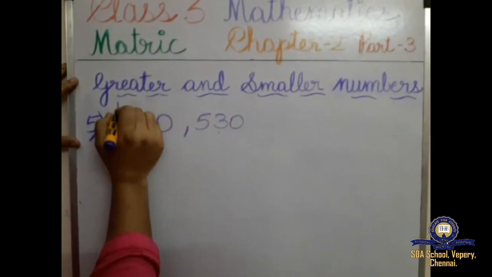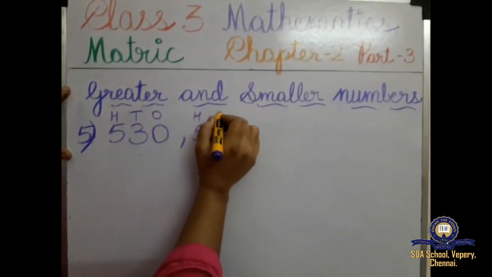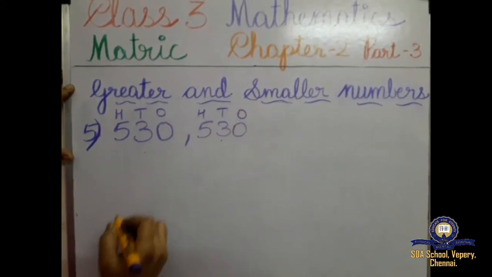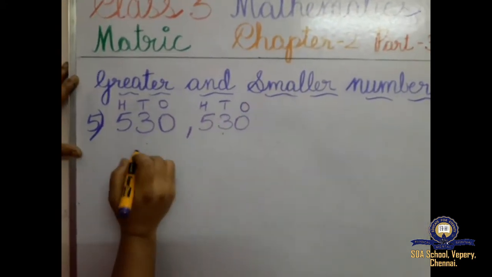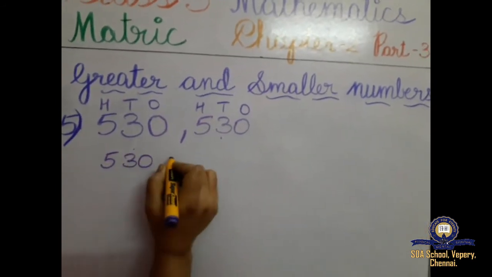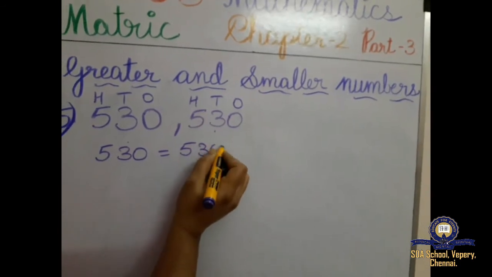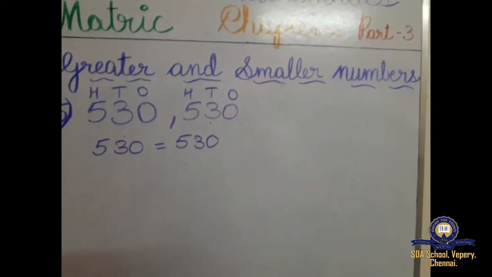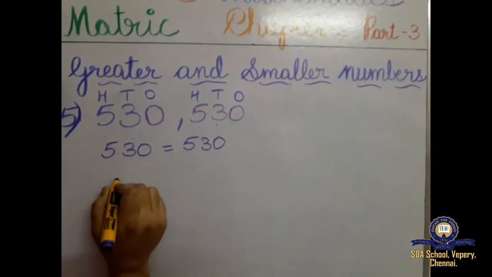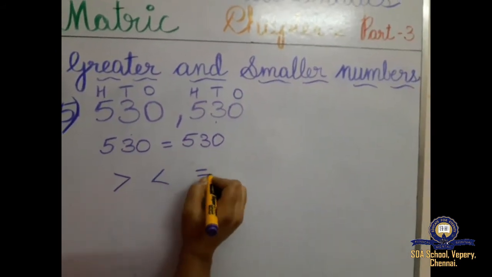In hundreds place same, tens and ones same. What we can write here? Is equal to, 530 is equal to 530. I hope you all understood greater, less than and is equals to.